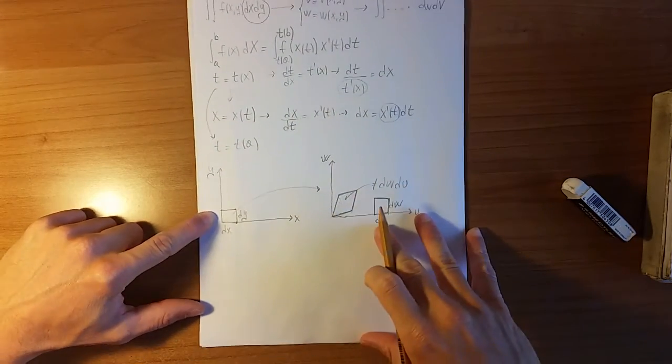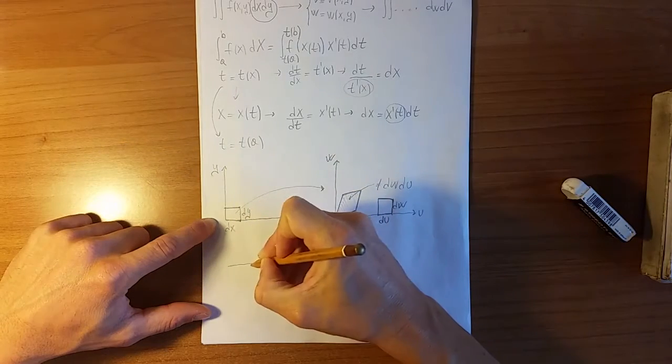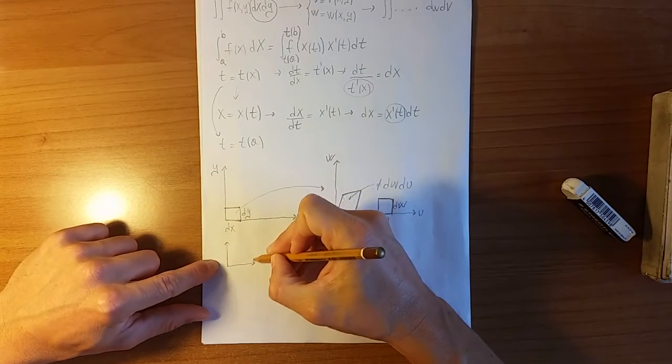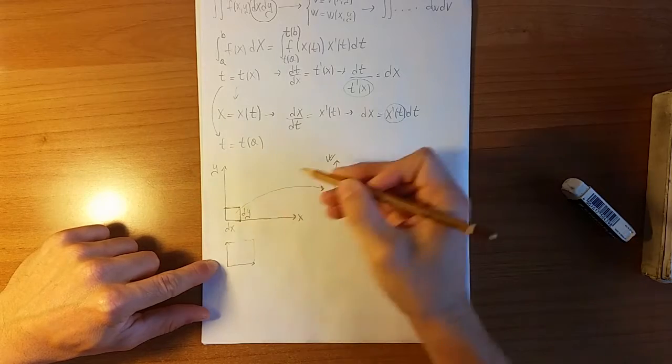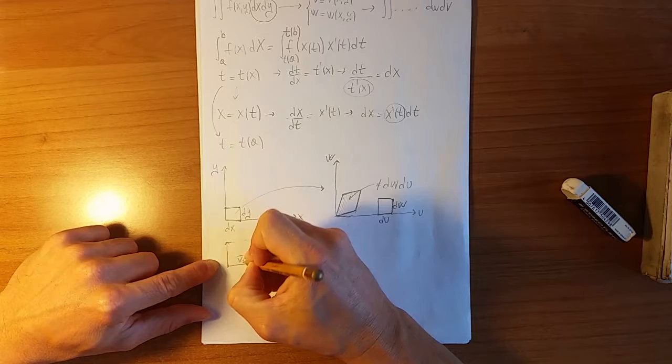And we will use cross products to make this sort of transformation. The area of a parallelogram can be computed by taking the cross product between the two vectors that constitute two sides of the rectangle, in this case, or the parallelogram. Let me call this the vector v1, this v2.